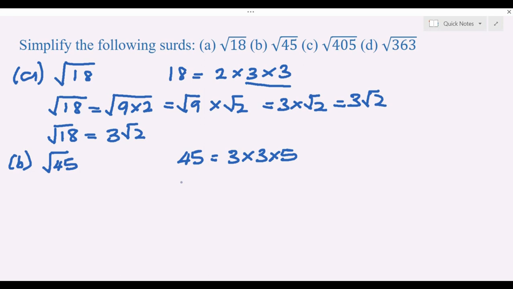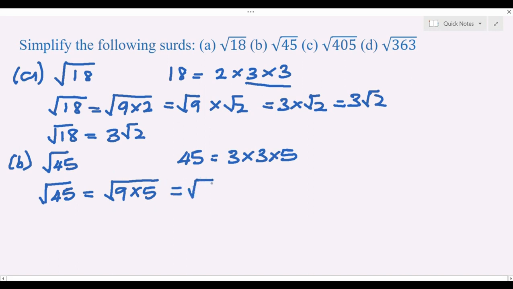So our root 45 is equal to the square root of 9. You know, our 3 times 3 is 9. That's the perfect square. Times 5, which is equal to root 9 times root 5, which is equal to 3 root 5.